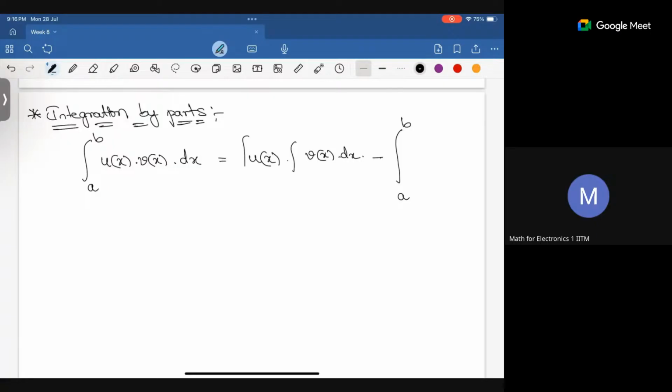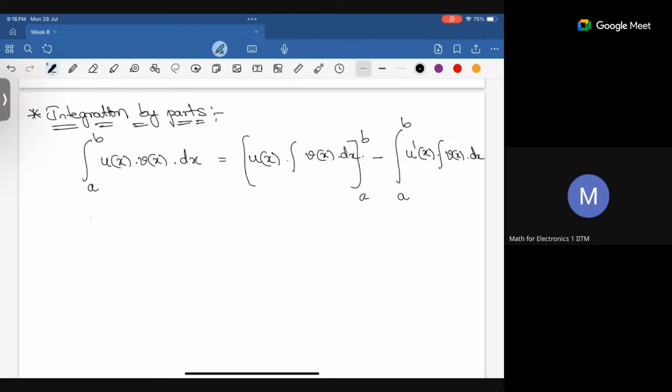You compute the integral with limits b to a, and then minus the integral from a to b, where you compute the derivative of this and then compute the integral of this dx. It looks complicated, but let us simplify this.